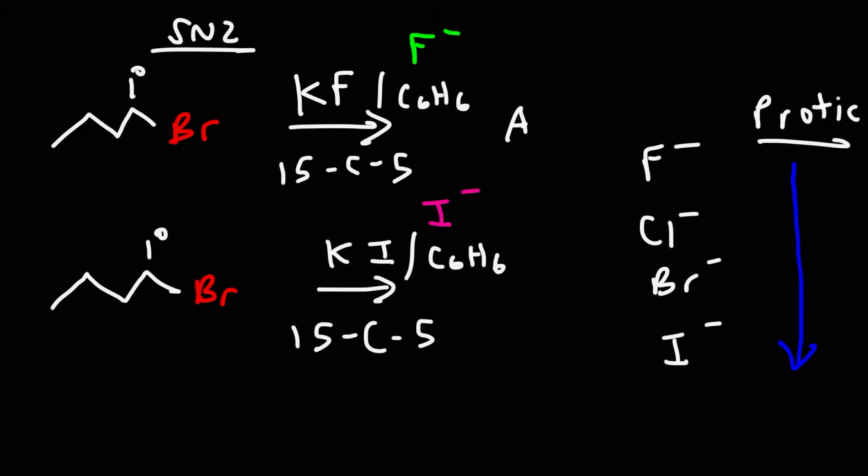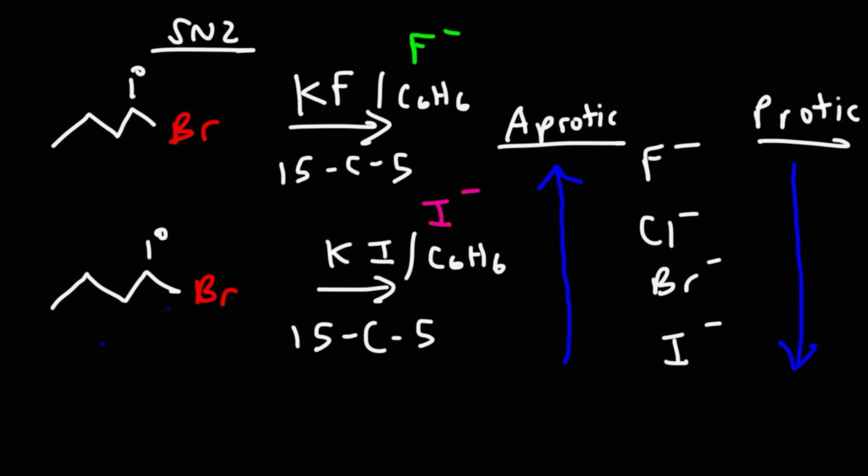But in an aprotic environment where the solvent solvates the cation, fluoride is free to react. And because fluoride is a stronger base than iodide, it's going to be a better nucleophile in an aprotic environment. So make sure you know this difference. Iodide is a better nucleophile than fluoride in a protic solvent, and fluoride is a better nucleophile in an aprotic solvent.